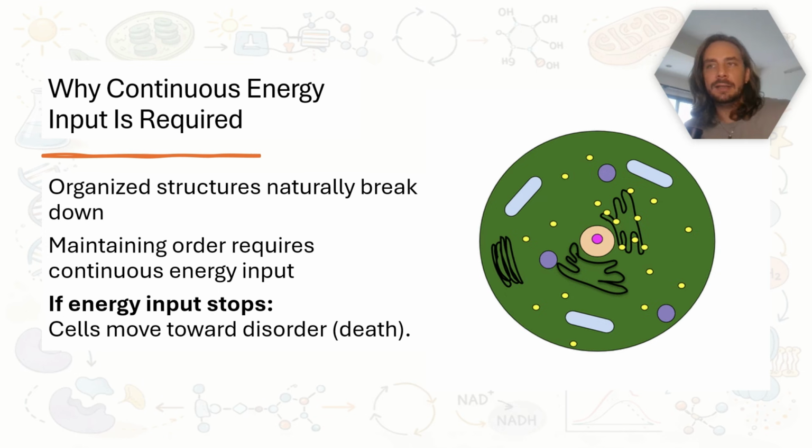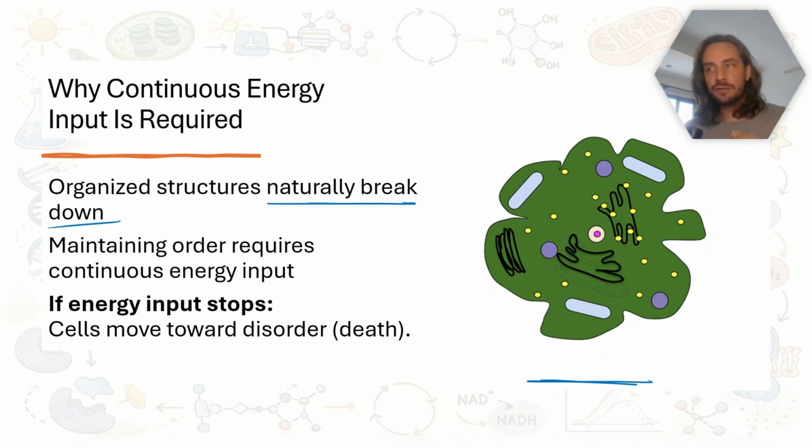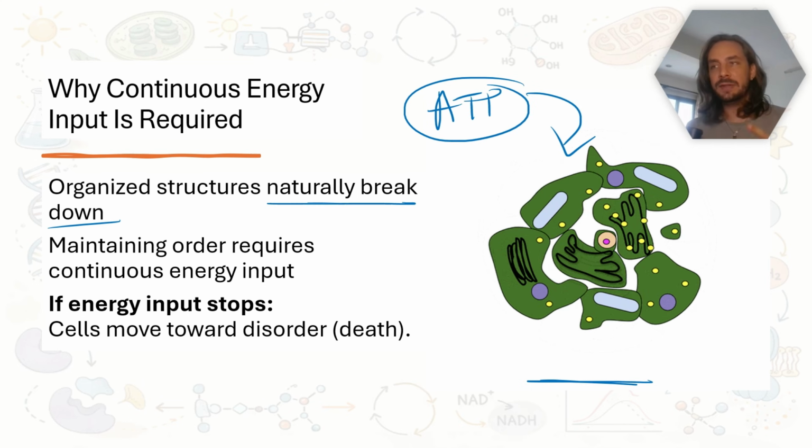Now, why we need that continuous input of energy. If we stop giving energy, okay, these organized structures naturally break down because everything wants to move to a disordered state. So maintaining order requires a constant energy input, and for cells, it's ATP.